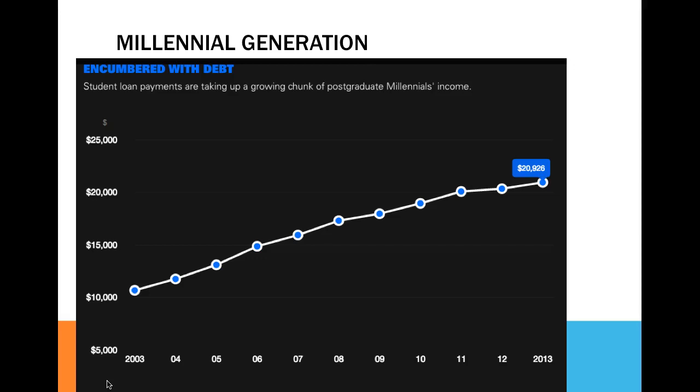Another reason millennials are living with their parents is because many of them are going to school. So you can see this chart here. Student loan payments are taking up a growing chunk of postgraduate millennials' income. The average graduate in 2013 was graduating with $20,000 in debt. So you're coming out of school, you're graduating with debt, you're looking for a job.